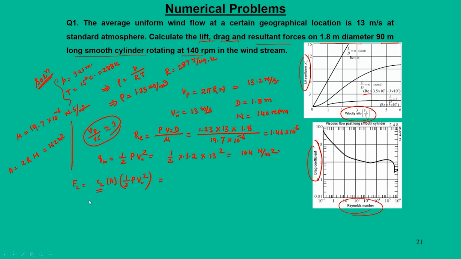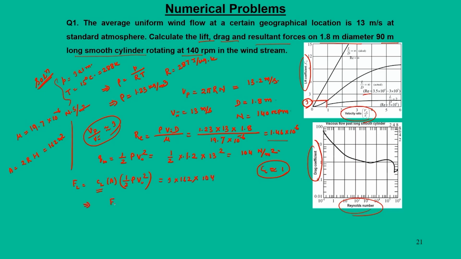So, to find CL we require this graph for velocity ratio close to 1, and if you take an experimental observation graph, somewhere we have to take this middle plot, because that plot fits closely to our Reynolds number value. So, at this location if you drop it, this number is close to 1, means approximately we can say CL can be approximated as 1, and then we can write this is 1 into area 162 into 104.